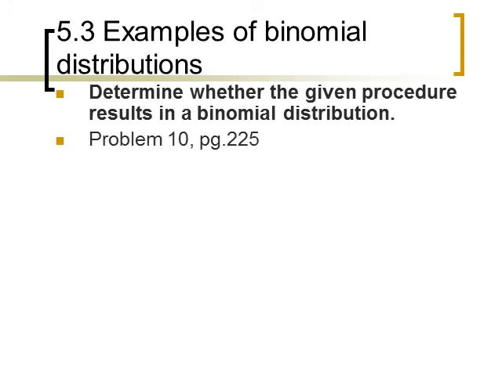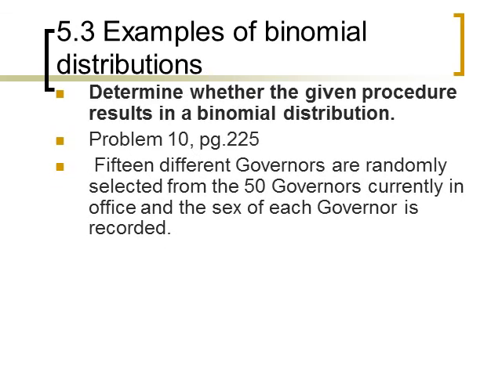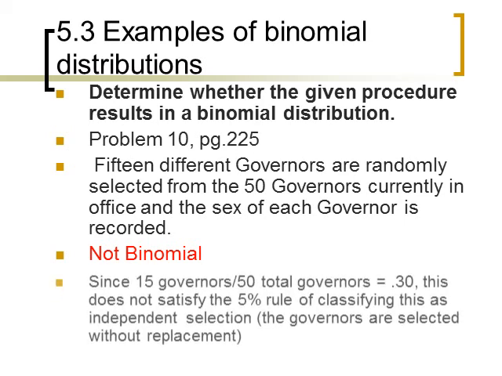Here we want to determine if the given procedure results in a binomial distribution again. 15 different governors are randomly selected from the 50 governors currently in office, and the sex of each governor is recorded. Now you might think that this is binomial because when you record these, you would either say male or female, which is two outcomes.